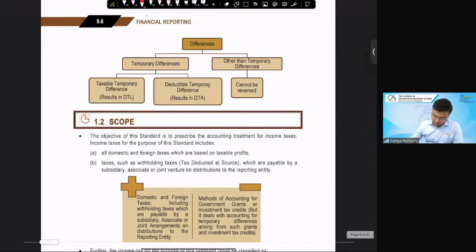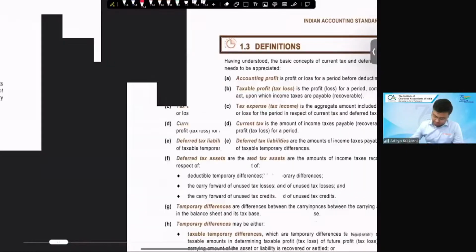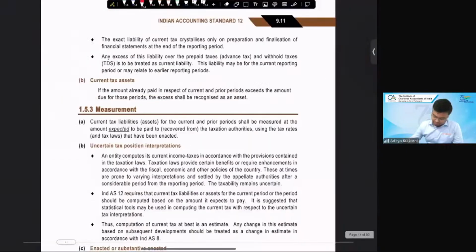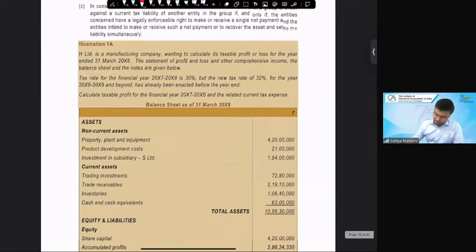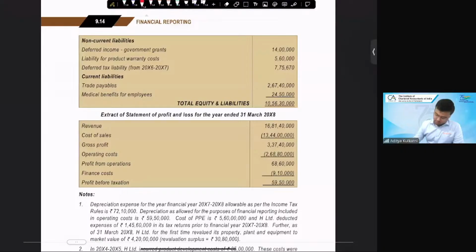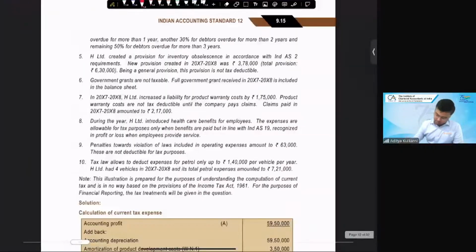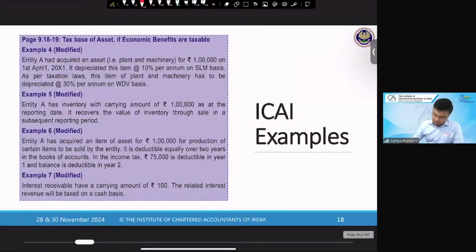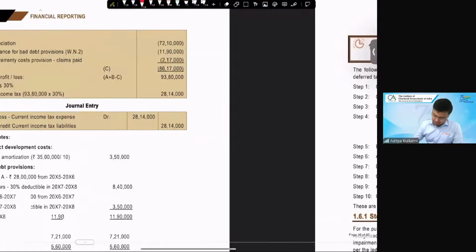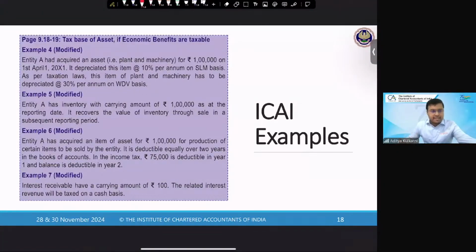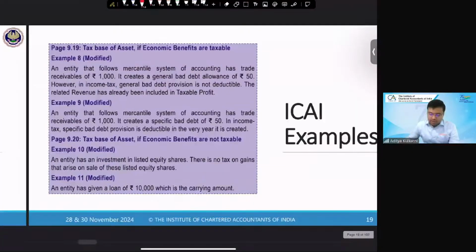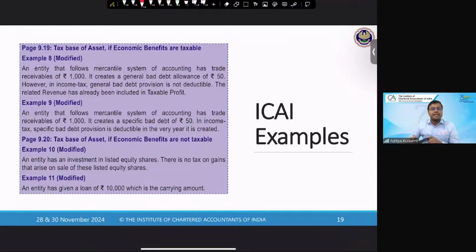Example 4. Okay. Fine. So now the next set of questions, what we are trying to do is to understand what is going to be my tax base.